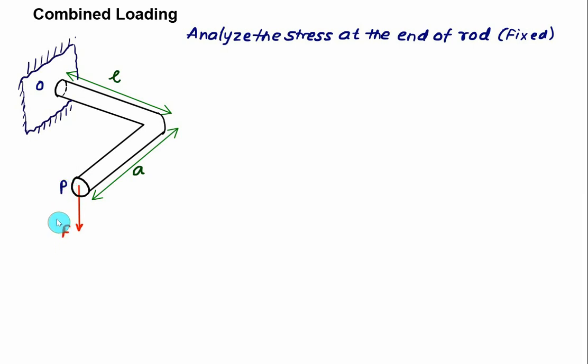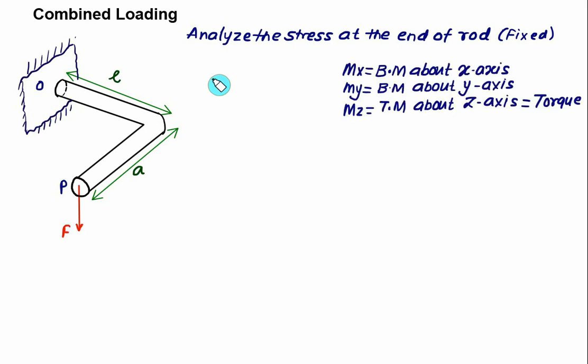Using the cross product of R bar and F bar, we can find the moment about the x-axis, y-axis, and z-axis. The cross product will be Mx i plus My j plus Mz k.